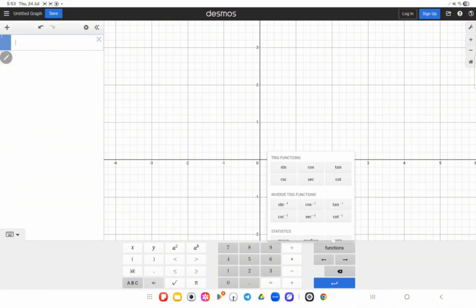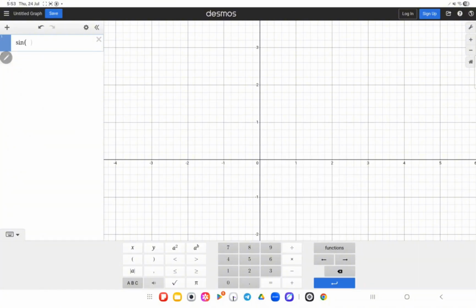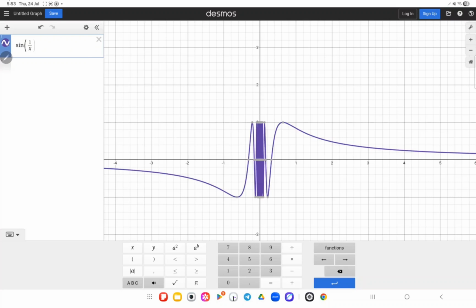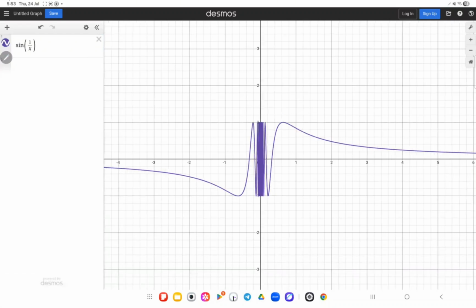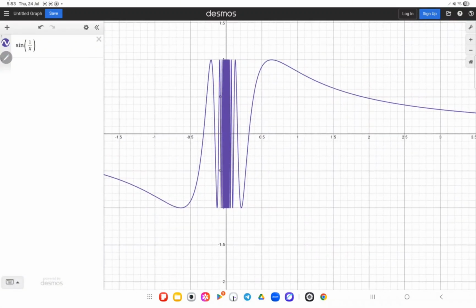In Desmos, go to functions, sine 1 over x. Right now we're looking at x of 0. Do you see oscillation at x of 0? The function is as low as negative 1 and as high as 1. That's called oscillating function or behavior, which means that the limit does not exist.